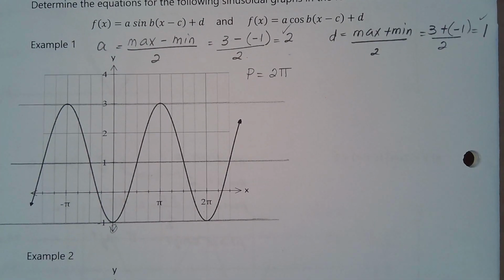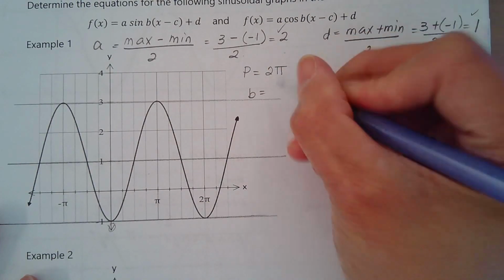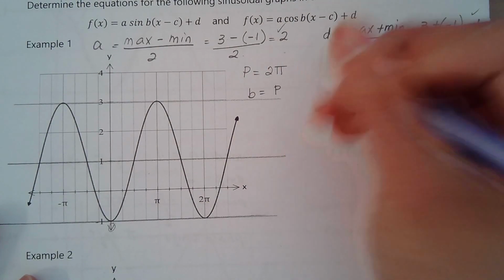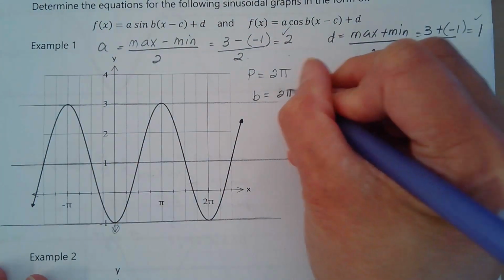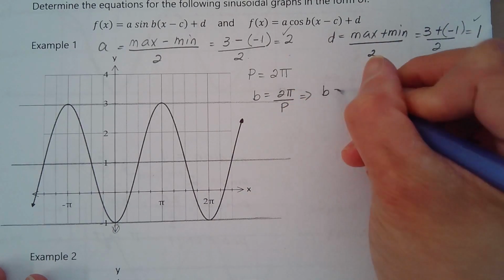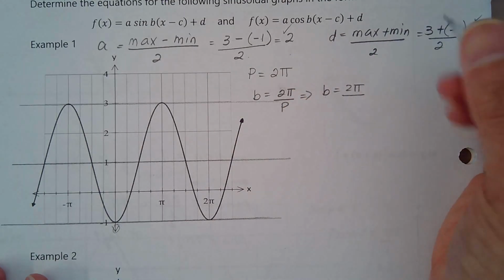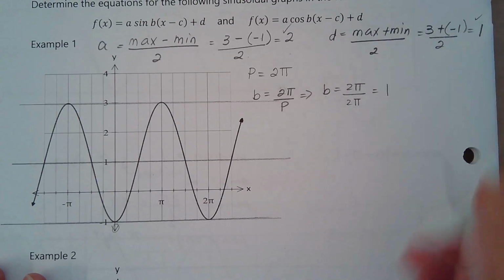So once we know what the period is, we can then figure out B. B is 2 pi over the period P. So B is equal to 2 pi over 2 pi, which is equal to 1.